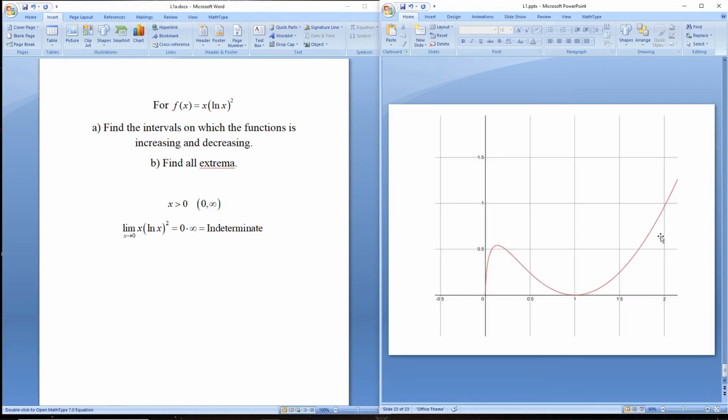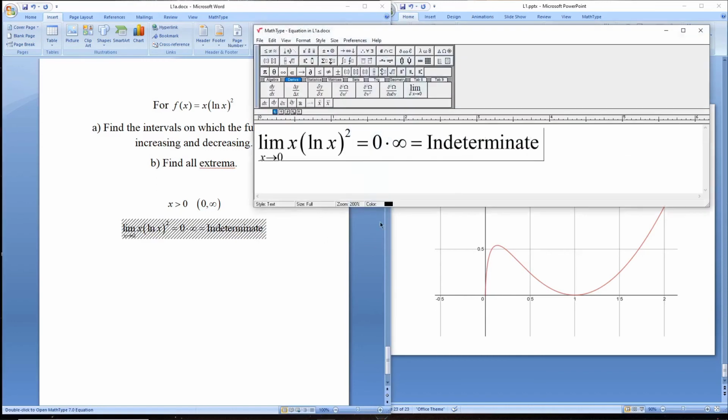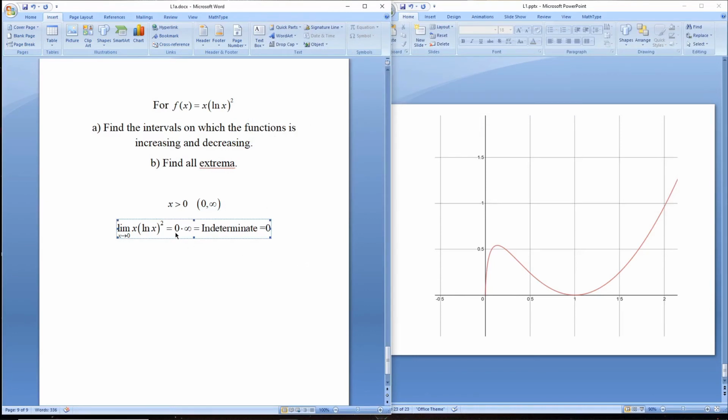And so here it is. And we can see as we go to 0 right here, this limit does turn out to be 0. Now that's by no means guaranteed. 0 times infinity can be anything. It's an indeterminate form, but we will have to look at the graph here. So we see it's 0 there.